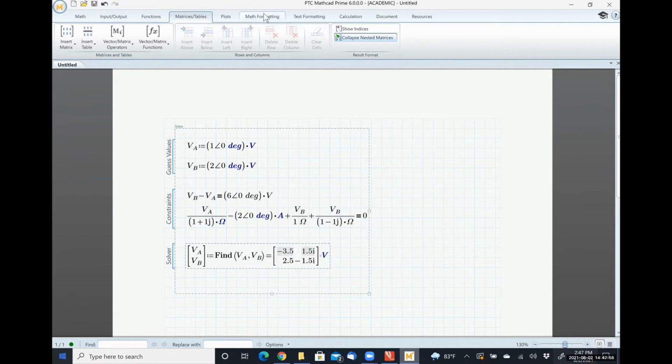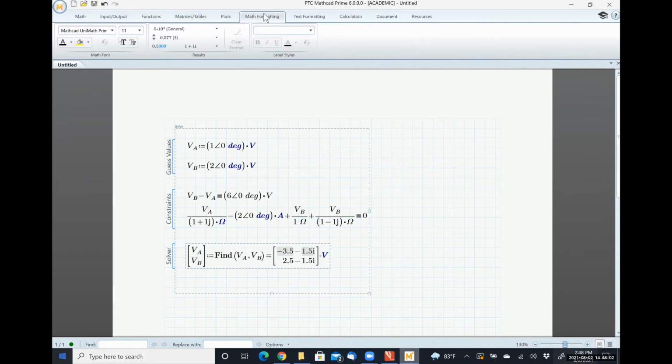Right now, they're displayed as a rectangular complex number. If I click on math formatting and I go to the bottom right-hand pull-down tab here for complex values, I can see that currently it's expressing my complex numbers in the format 1 plus 1i, meaning that it's rectangular format with I as the imaginary operator.